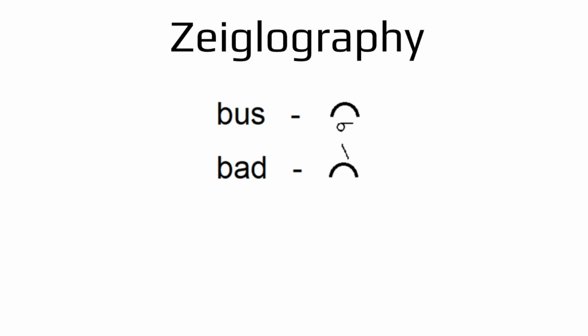So we can be pretty sure that that's the B. And if you look at other words, you'll see that that circle with the line going across to the right appears in words with an S, and that slanting line going from top left to bottom right appears in words with a D. So these are the consonants. And if you look at the other words, you'll find that it's fairly easy to work out what the other consonants are. The bigger one is that consonant at the beginning of the word, and the smaller one is that consonant at the end of the word.